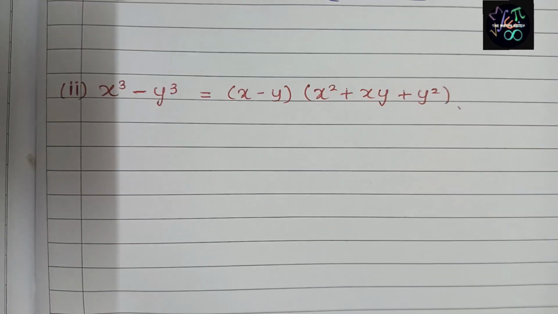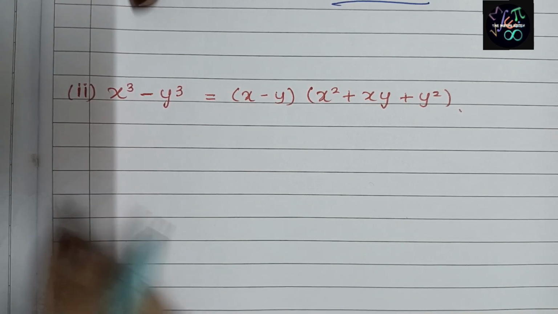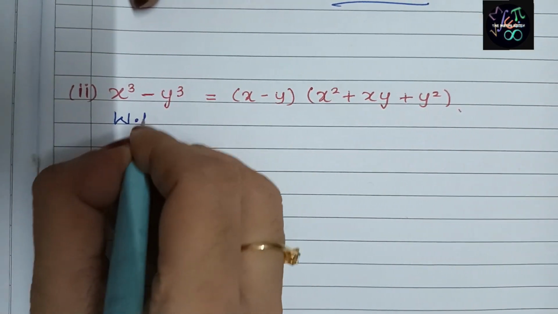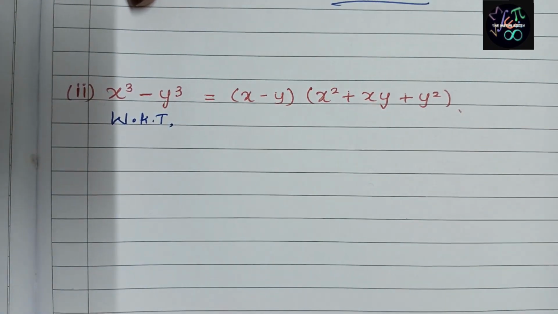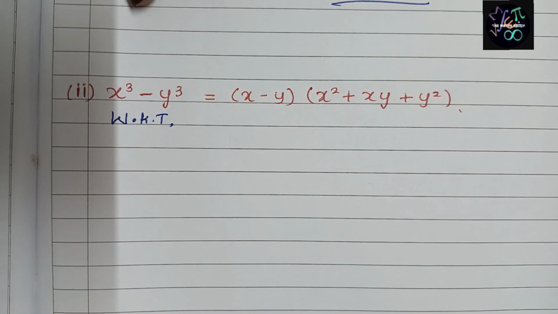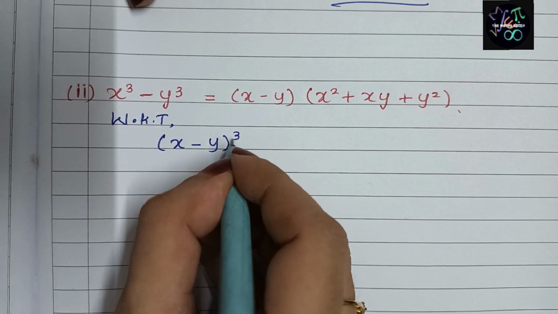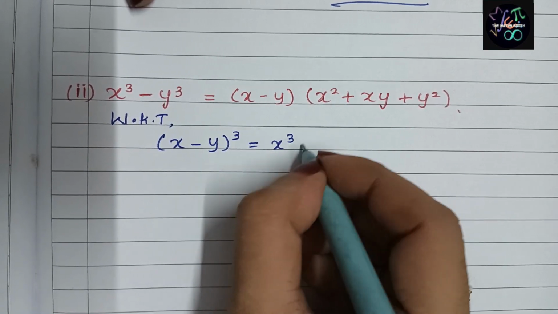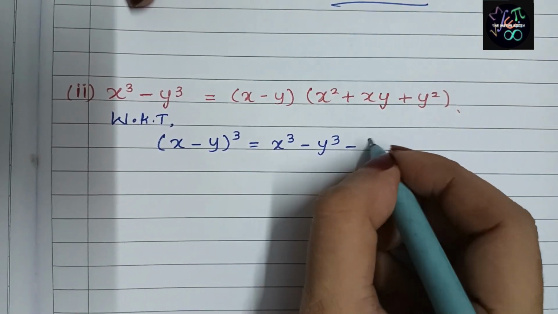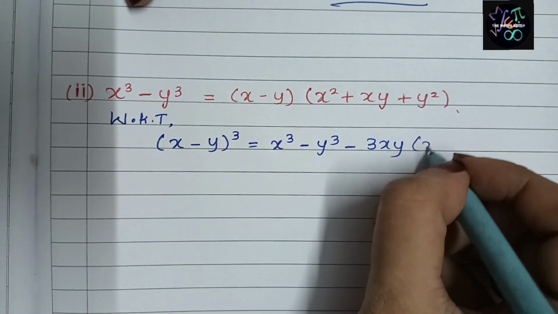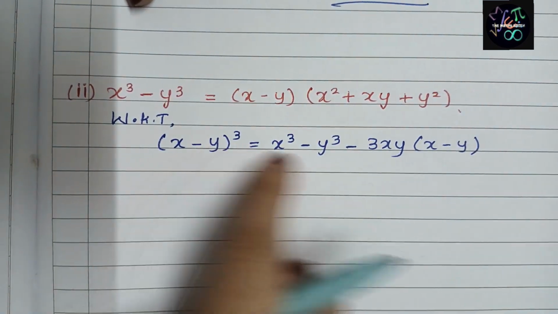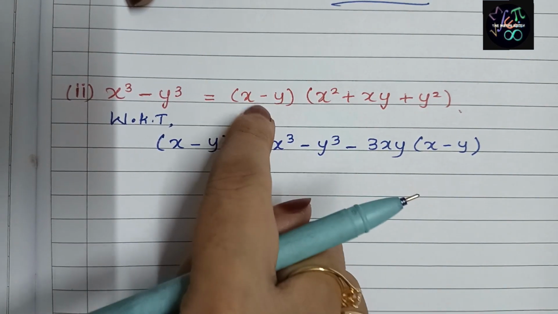In the same way we will do the second question, using the minus formula. What is the formula for solving the minus problem? (x minus y) whole cube is x cube minus y cube minus 3xy(x minus y). By using this formula we have to verify this.